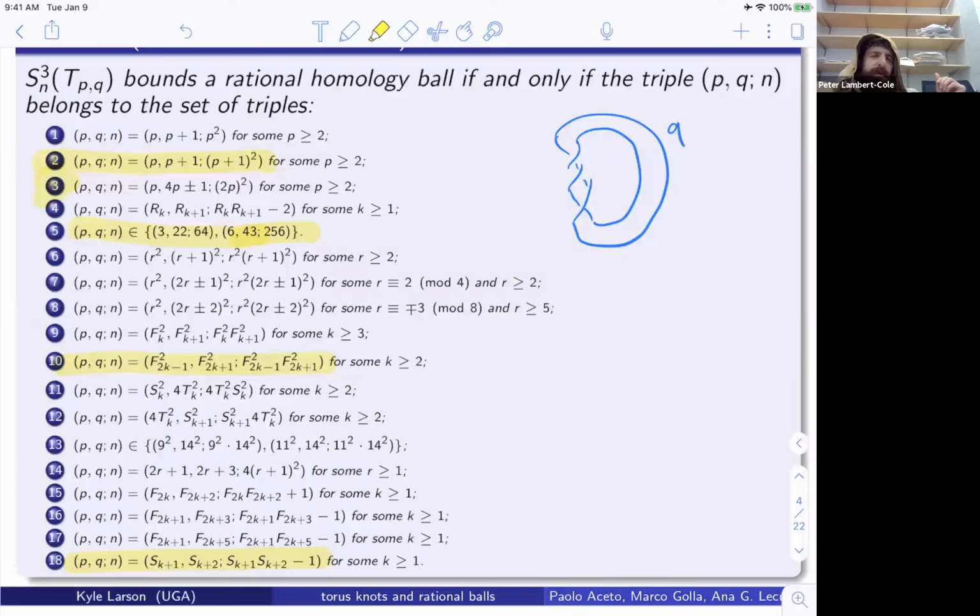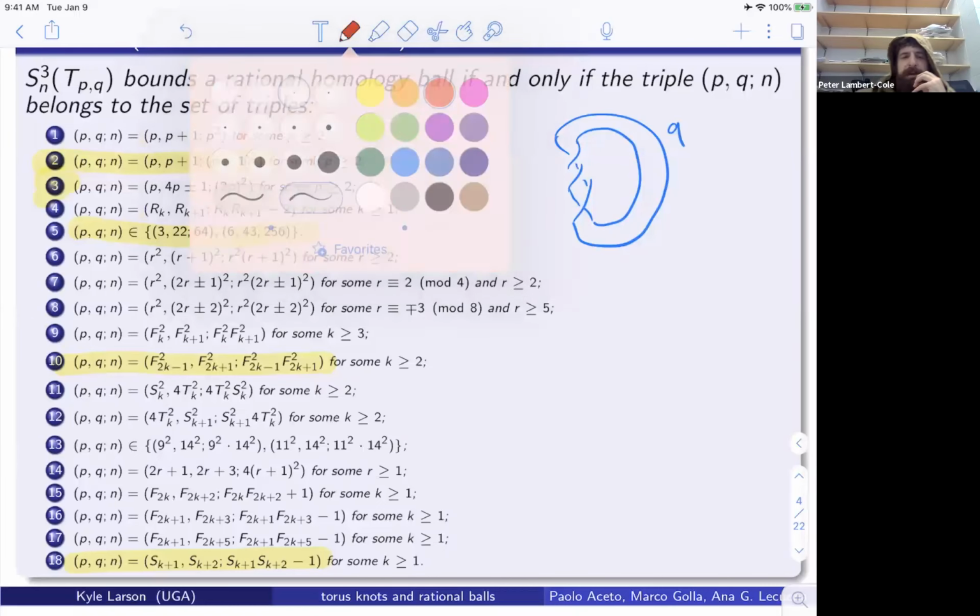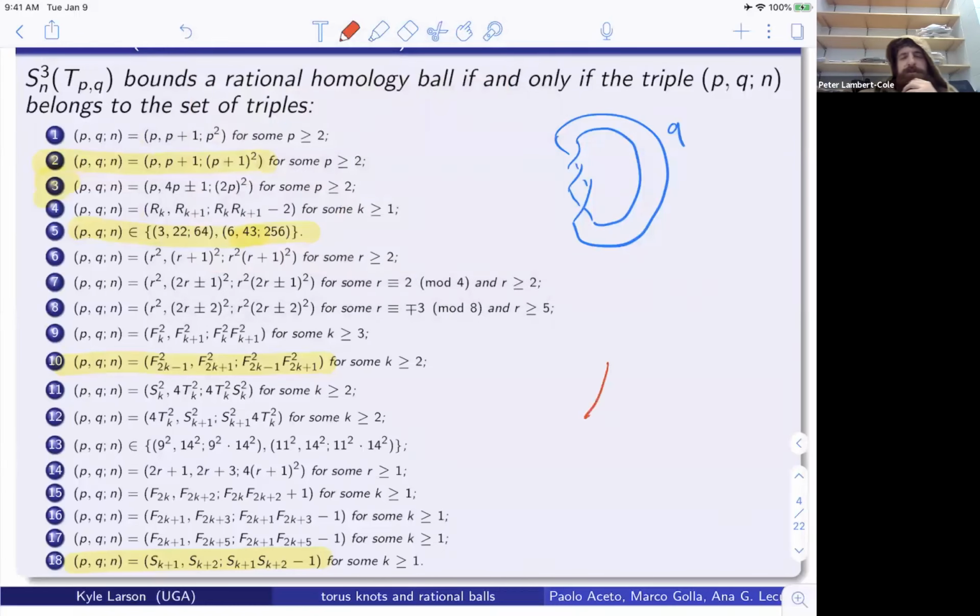Could you tell me again how these embed in CP2? Like, what did you take the neighborhood of? Oh, you mean the singularity? Right. You write down some polynomial like x to the p plus y to the q, which gives you a torus knot, and then that lives in CP2.